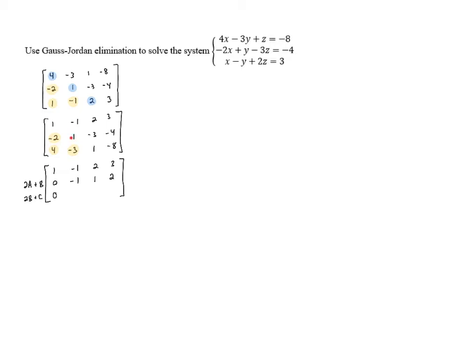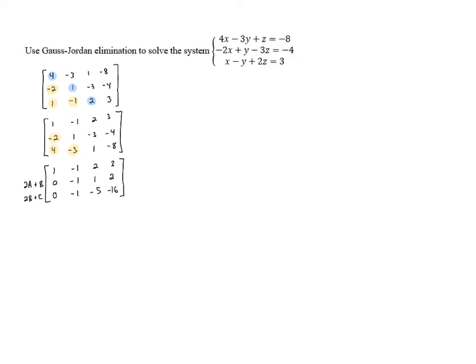That gives us 2 times 1, which is 2, plus -3 is -1. 2 times -3 is -6, plus 1 is -5. And then 2 times -4 is -8, plus -8 is -16.